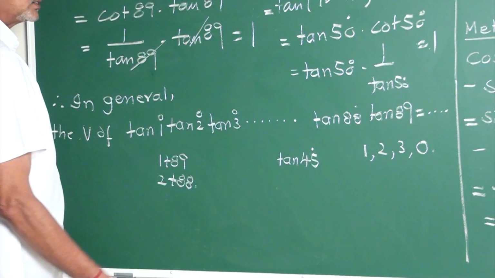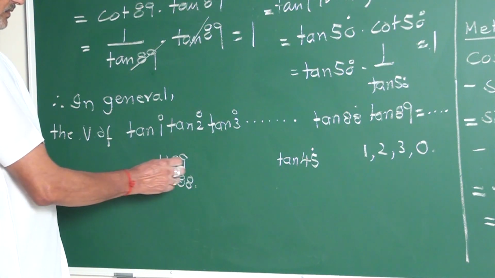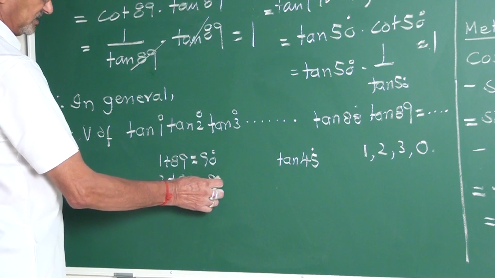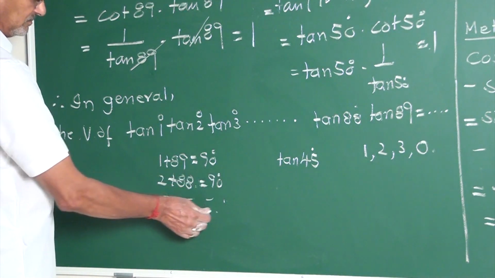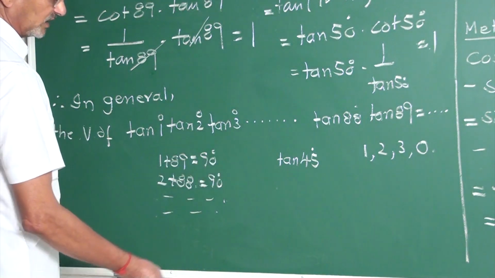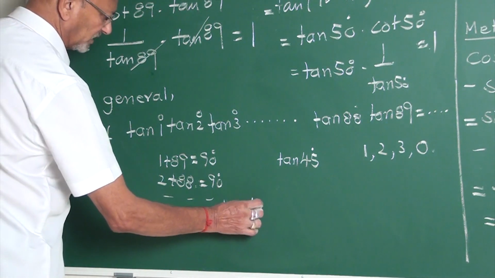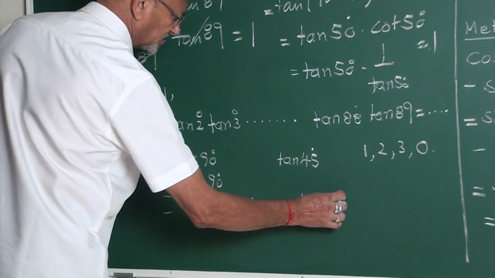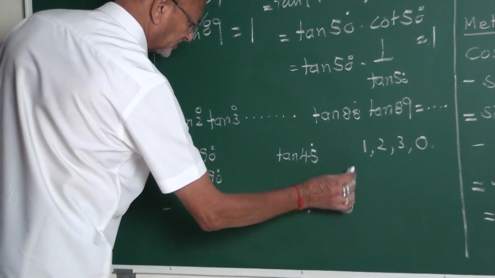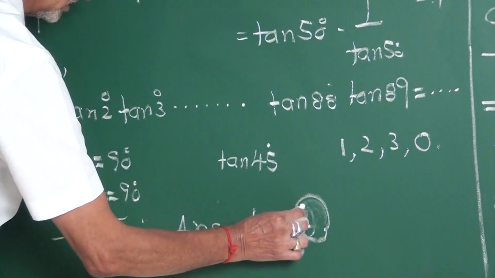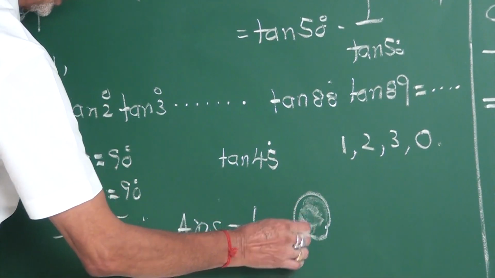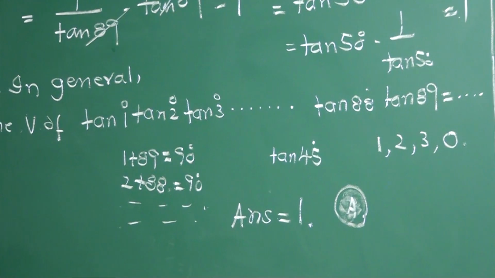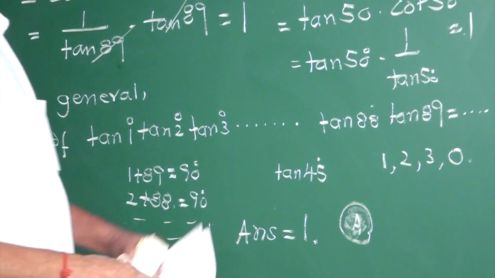Therefore, what is the answer, my friend? 1 plus 89 is 90, 2 plus 88 is 90, like this, and tan 45 is 1. Therefore, the answer is 1. Which option? Option A. You have to enclose A. Like this, like this.